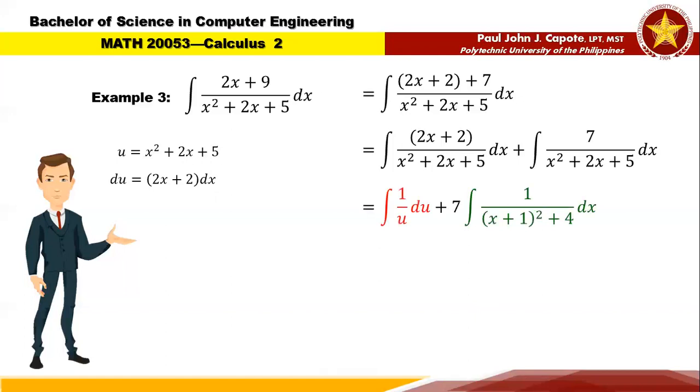Now the first integral follows the form or uses u substitution, where we let u equal x squared plus 2x plus 5, and differentiating u with respect to x, we get du is equal to 2x plus 2 dx.